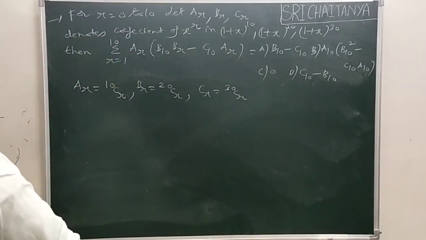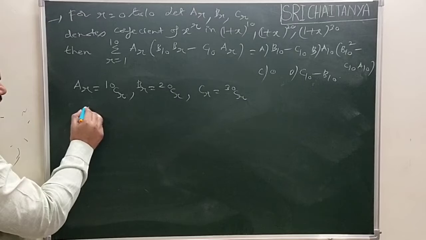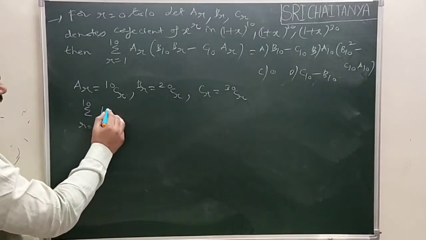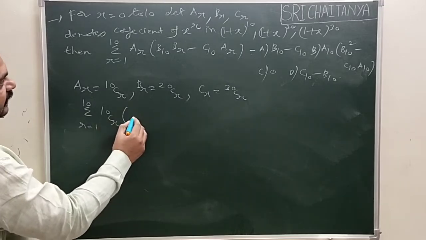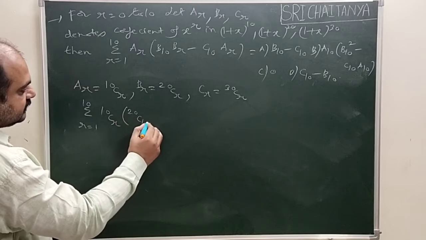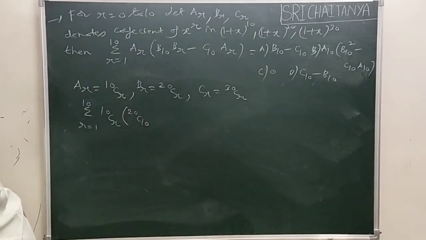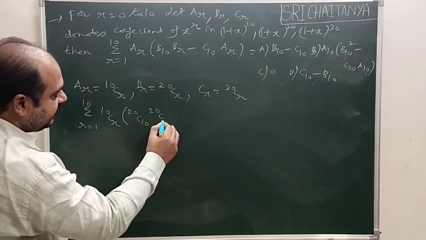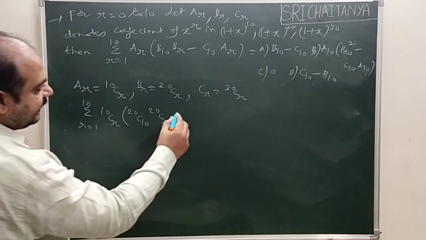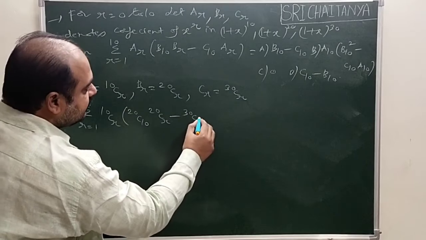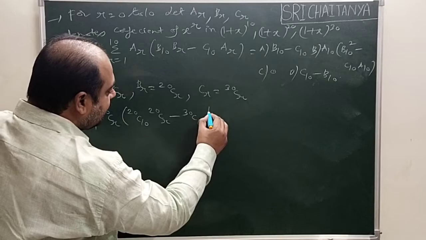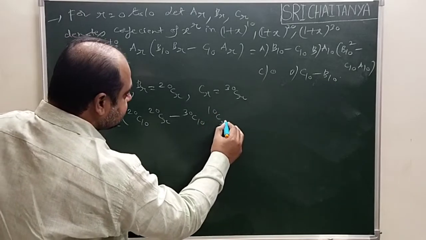Now let us take that sigma, r equal to 1 to 10. a_r is 10Cr. Into b_10, the coefficient of x to the power 10, that means 20C10. What is b_r here? 20Cr. Minus c_10, which is 30C10, into a_r, that means 10Cr.